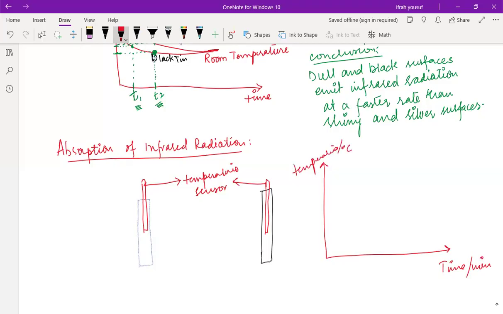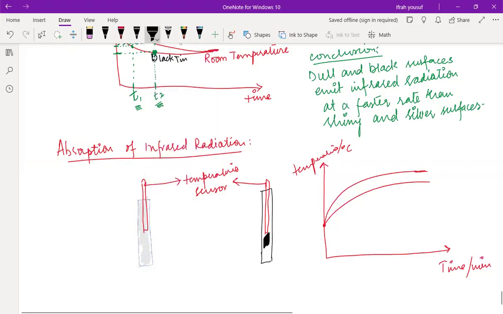Okay. Now both objects have started from the same temperature. Okay, and both are receiving the thermal energy. Okay, this one is getting thermal energy. Clear? And this one is also getting thermal energy.